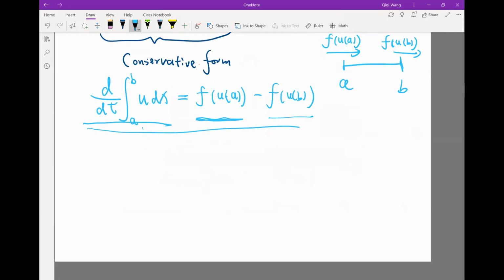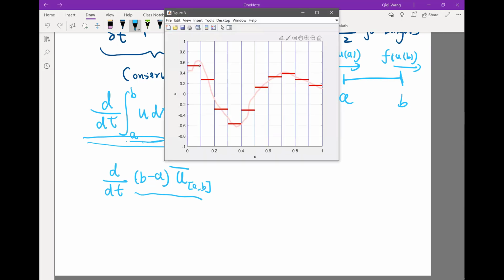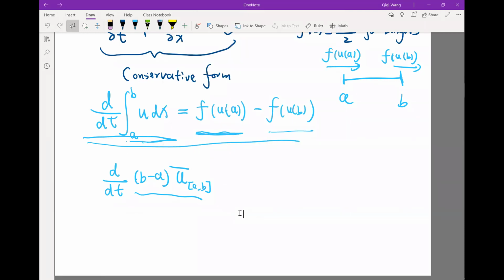So essentially, what I'm saying is that another way to write the equation is d/dt of b minus a times the average of u within the interval ab, right? So this is actually exactly what the integral is, and the average is what we use to discretize the function in finite volume, okay?